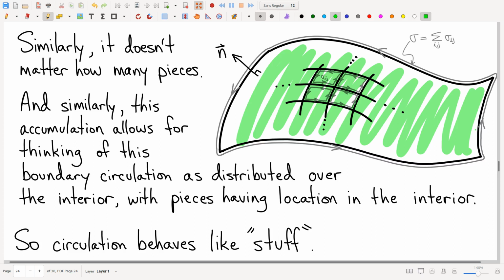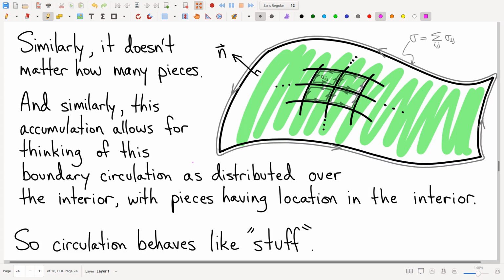Now, the fact that you happen to compute your accumulating quantity on the boundary is, whatever. That's an illusion. That's a distraction. It's not the point. That's not where it happens. We're talking about a quantity that is defined for the surface. You should think of it as being in the surface.